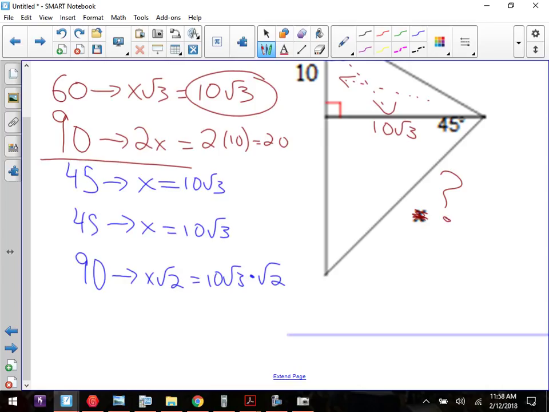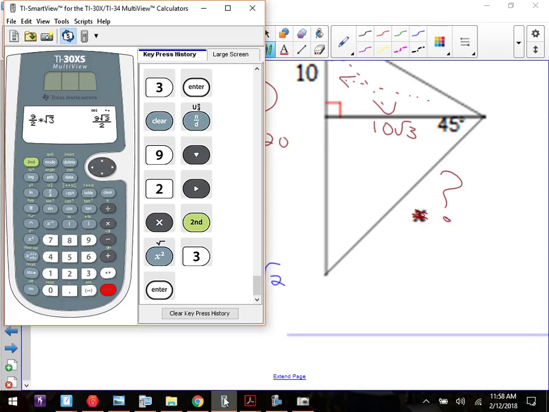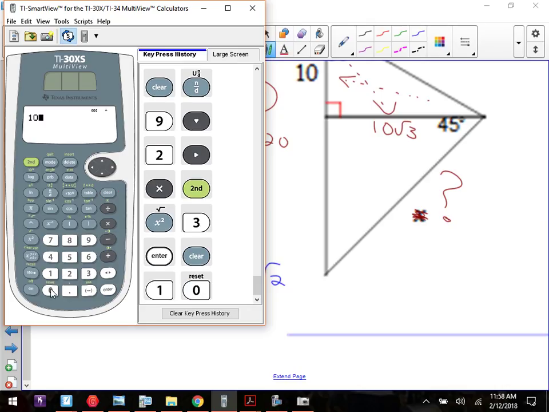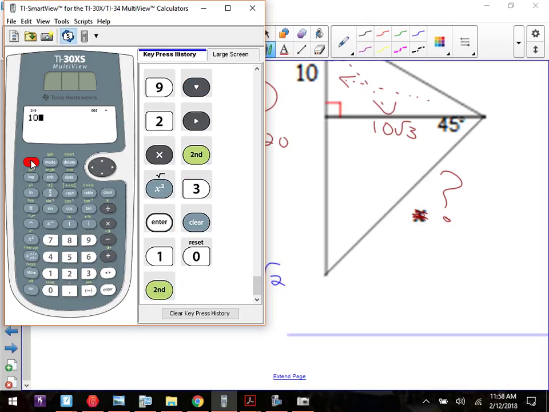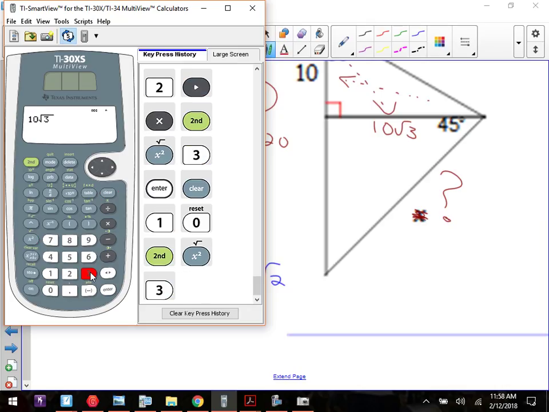One thing I will caution you on, remember how when you type in a square root symbol, it looks like an over bar, it goes underneath the radical? Right, your 10 square root 3. Notice how it's still underneath the radical?